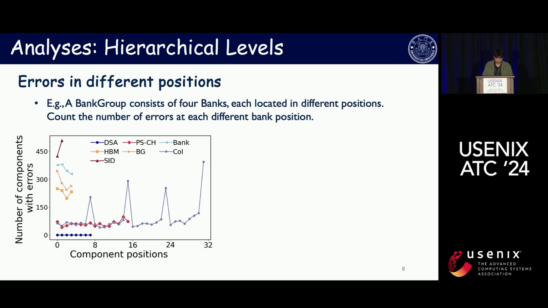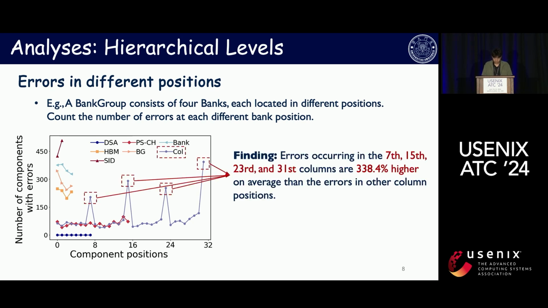Recall that HBM has a different structure compared to DRAM. We first analyze the errors in different positions to assess the influence of the HBM structure. For example, a bank group in HBM consists of 4 banks located in different positions. We count the number of errors at each bank position to assess the position effect.